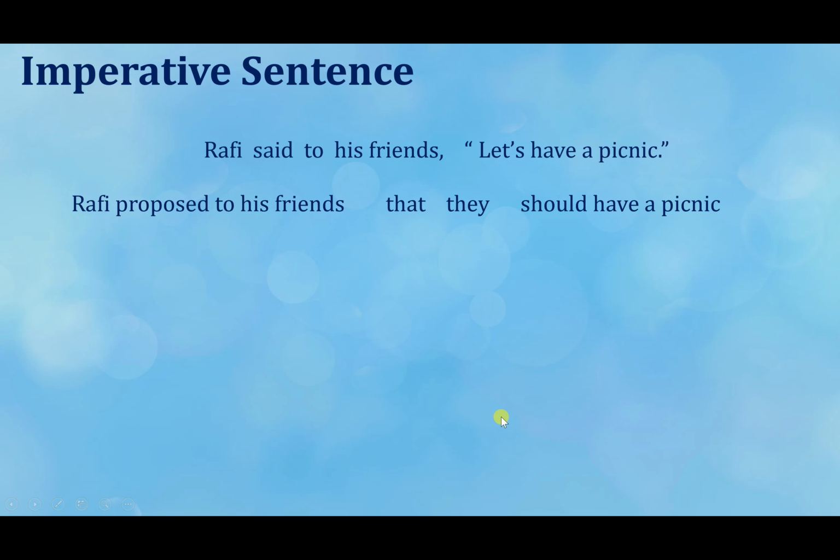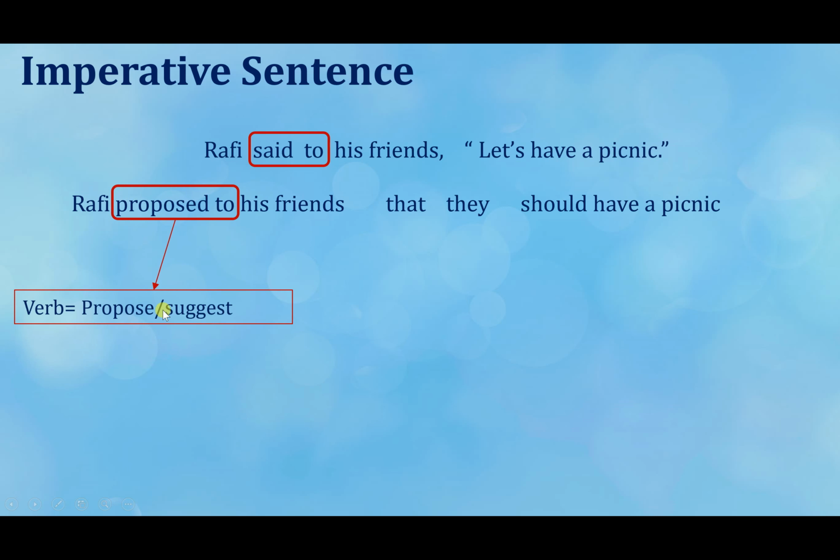Now look at the changes. For said to, we have used proposed to. Why have we used proposed to? Because it is the verb for proposal. So we will use proposed or suggested. Then we have to add that. Third one, the pronoun.